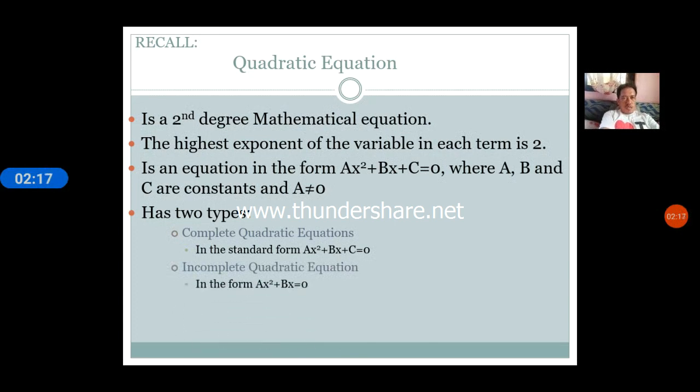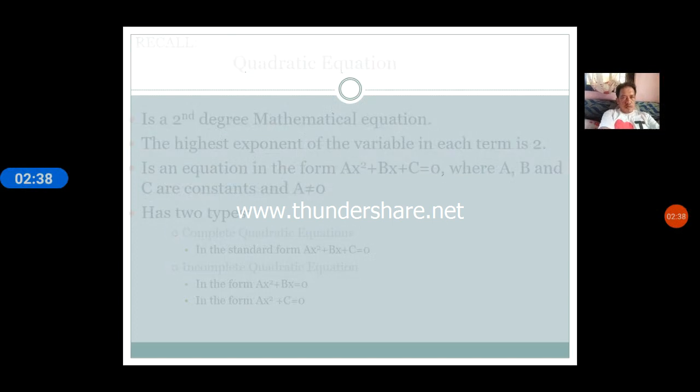The first one is ax squared plus bx is equal to 0, wherein the constant term is 0. And the other one is ax squared plus c, wherein b is equal to 0.